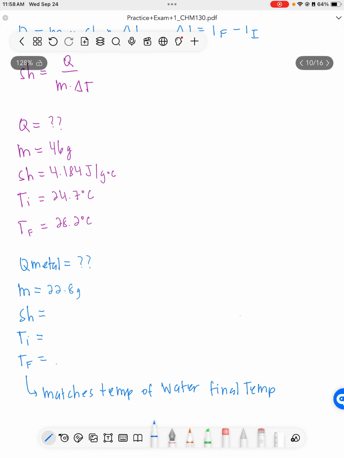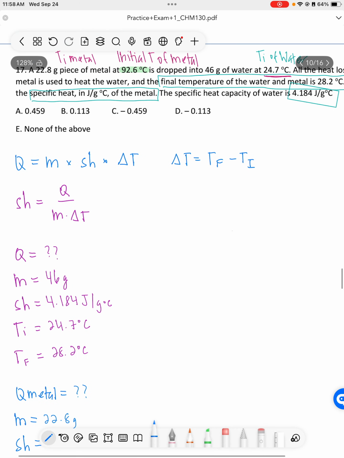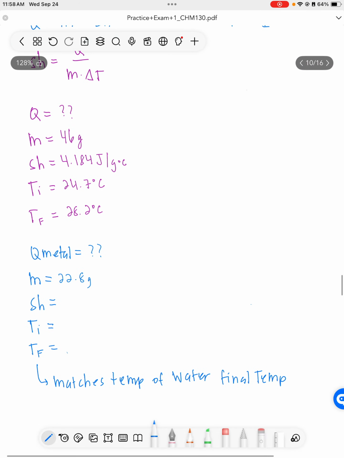Okay, and remember the question is asking us what the specific heat of that metal is. So we don't know the Q of the metal, and we don't know the specific heat of the metal. But we know the initial temperature, and we know the final temperature. So we have an initial of 92.6 degrees Celsius, and a final of 28.2 degrees Celsius.